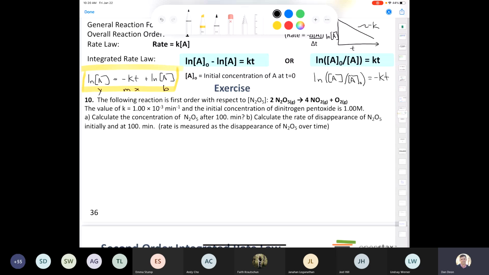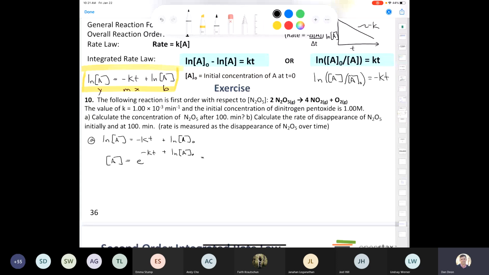So if we have the ln of the concentration of A is equal to negative kt plus the ln of the concentration of A that we start out with, if we take the exponential of both sides, we would get that A is equal to e to the power of negative kt plus the ln of the original concentration of A. So we're taking all of this and we're putting it to the power of e like that.